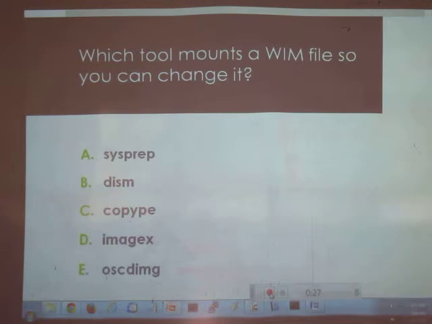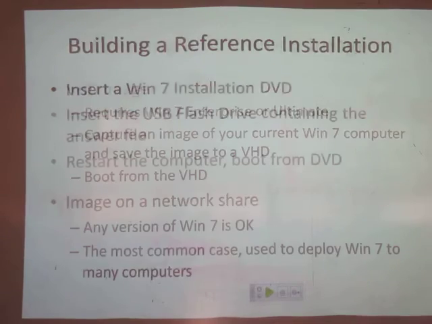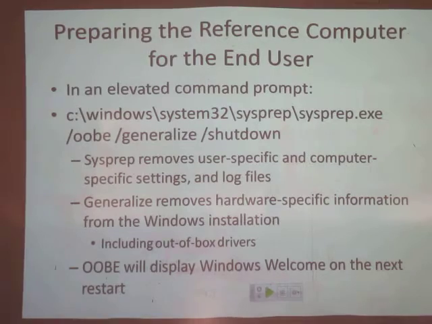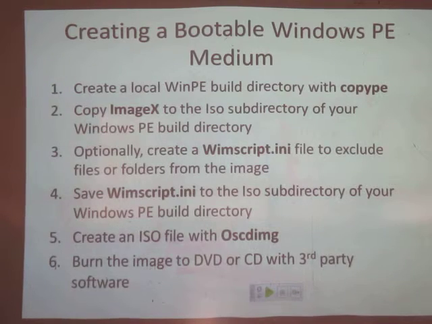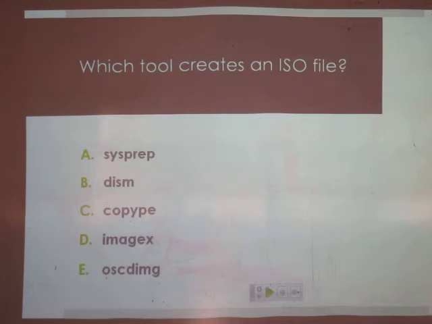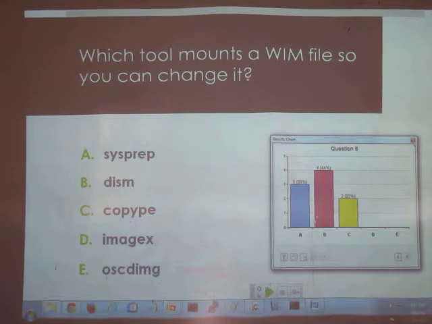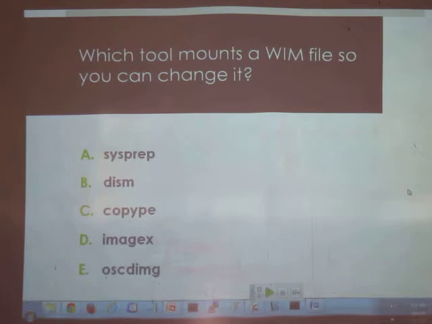All right, pretty sure that's DISM. Yep, that's DISM. DISM is what mounts the image and takes that single file and mounts it as a folder so you can modify the file settings. All right. So it's this one here and it's DISM. We'll go through these steps in the projects.